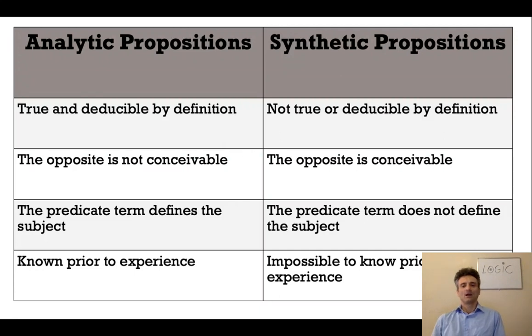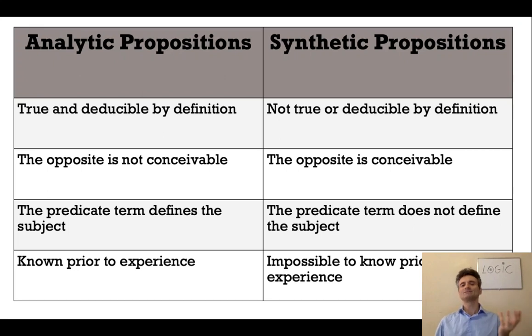Okay, so what I have said so far is this, that analytic propositions are true and deducible by definition, just by the definition of the words, the terms. The opposite is not conceivable. Okay, so a triangle has three sides.